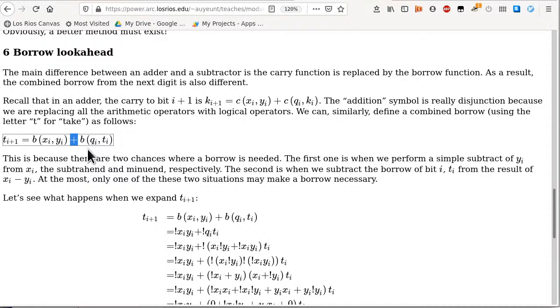So now we have to do some analysis and ask, can both be ones? So we know that when this is a 1, x is a 0 and y is a 1, right? But when that is the case, what is the q bit? When xi is a 0 and yi is a 1, what is qi? Qi is computed exactly the same way as in an addition, which is the exclusive OR between xi and yi.